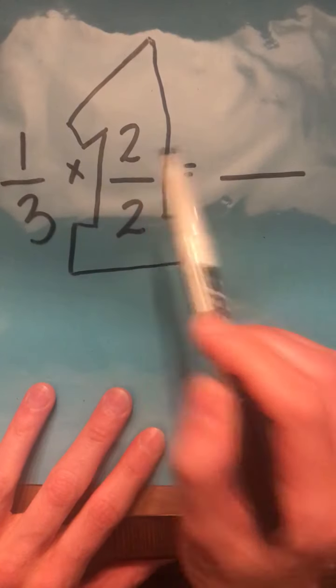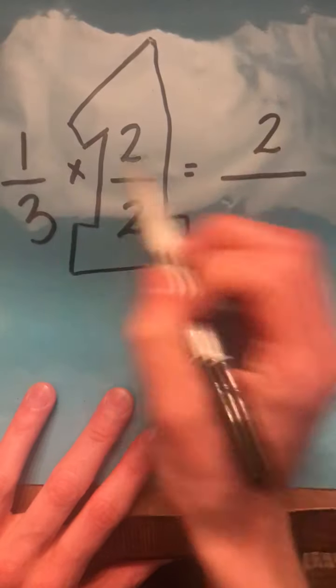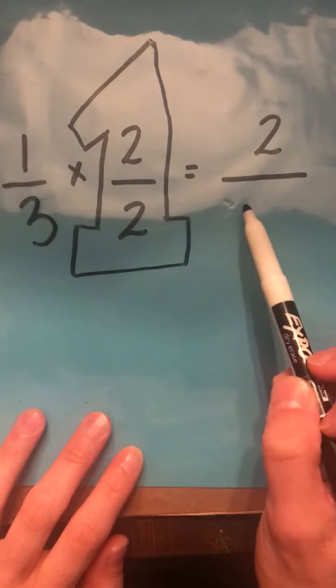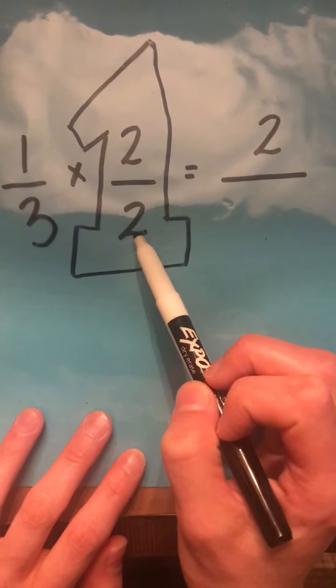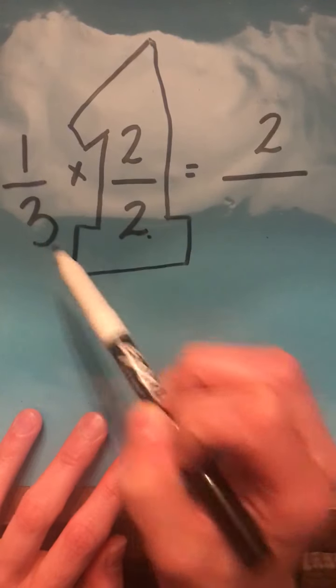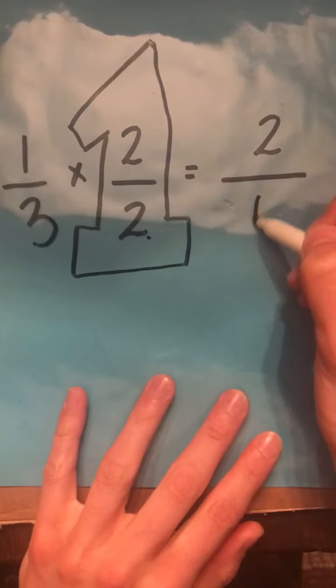1 times 2 is 2. Good, because any number times 1 is itself. And 3 times 2 is, well, let's skip count by 2, because 2 is an easy number to skip count by. Let's skip count by 2 3 times. 2, 4, 6. Excellent.